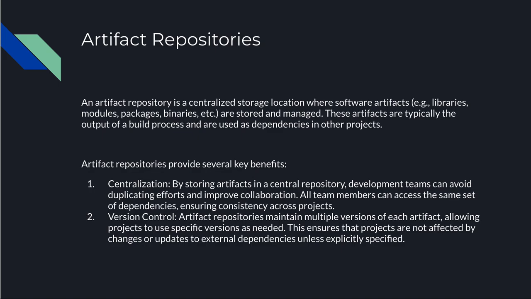Another thing is version control. Artifact repositories maintain multiple versions of each artifact, allowing the project to use specific versions which are needed. This ensures that the projects are not affected by changes or updates in the external dependencies unless explicitly specified. This is very important because over a period of time you would see each of these artifacts getting updated, due to which a number of versions are created. Sometimes you update to a version which is not required, because it always tries to fetch the latest one.